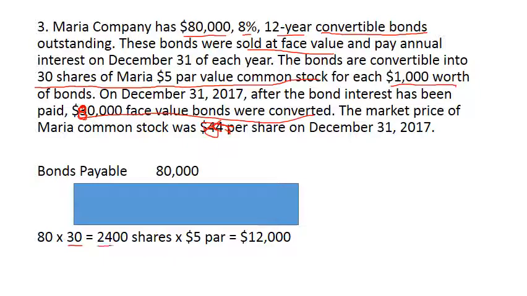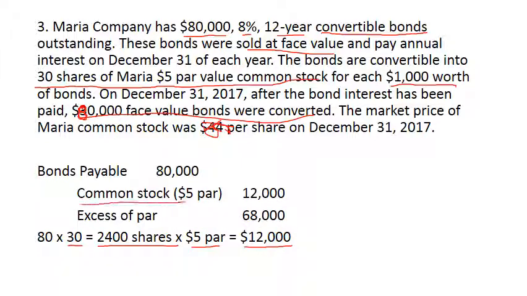That gives us 2,400 shares of stock, and it has a $5 par. So this is $12,000 worth of common stock. So we're going to do common stock $5 par, $12,000. And we have to have $80,000 here. So the rest of it's going to go into excess of par.